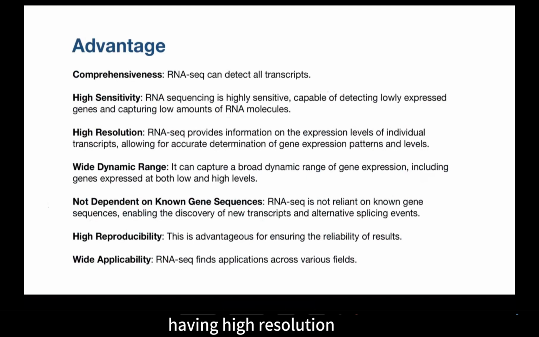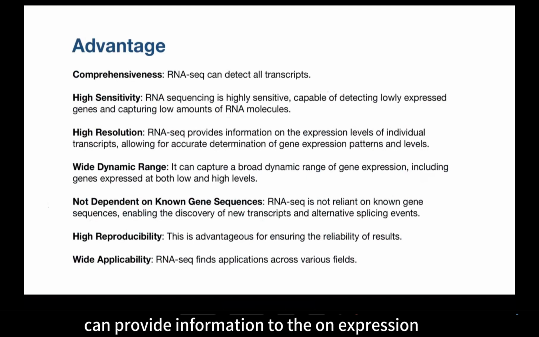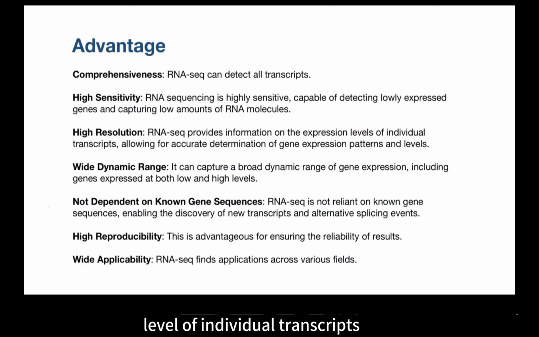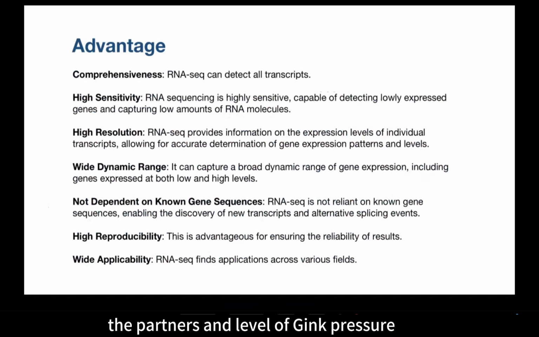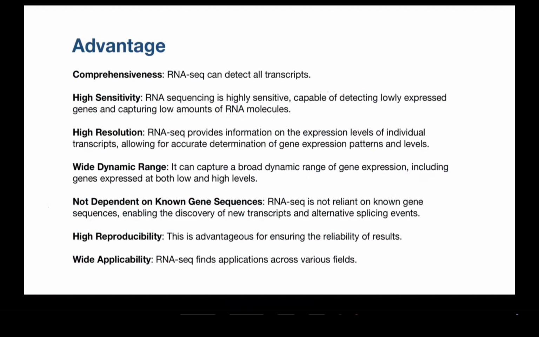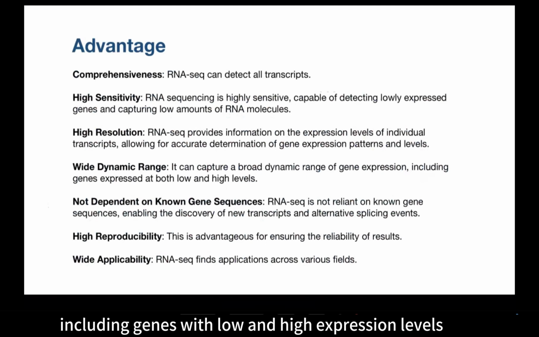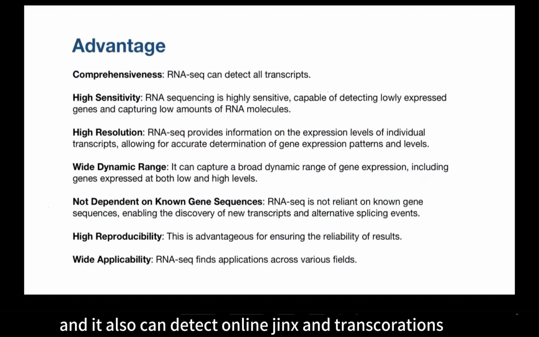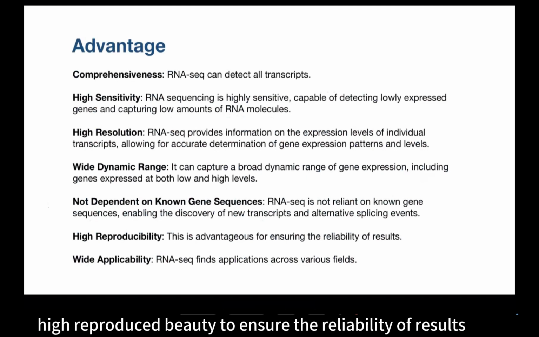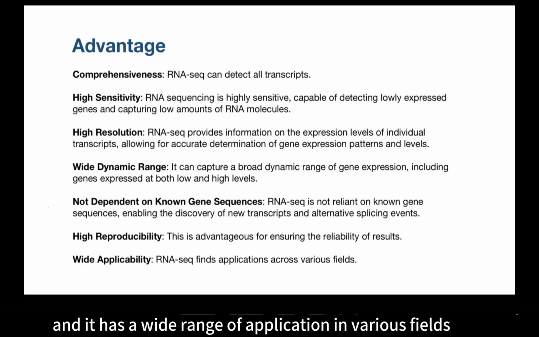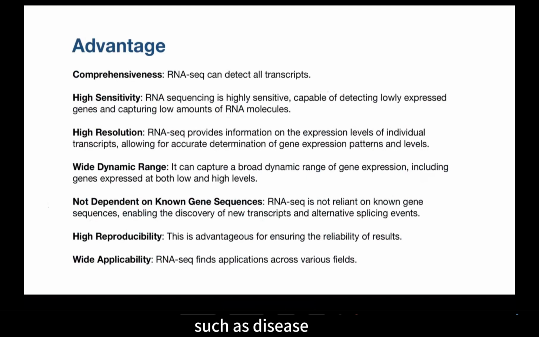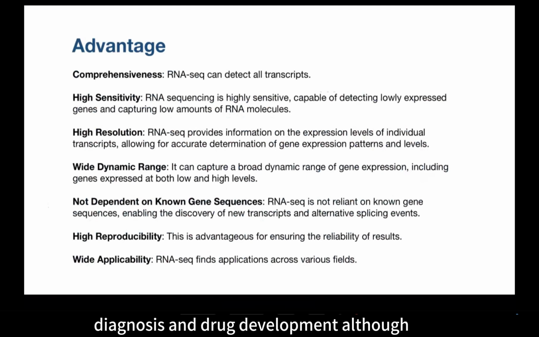Having high resolution, it can provide information on the expression level of individual transcripts and accurately determine the pattern and level of gene expression. And the dynamic range is wide, capable of detecting genes with low and high expression levels. It also can detect unknown genes and transcripts. High reproducibility ensures the reliability of results. And it has a wide range of applications in various fields such as disease diagnosis and drug development.